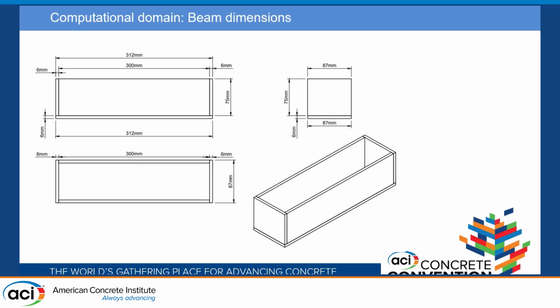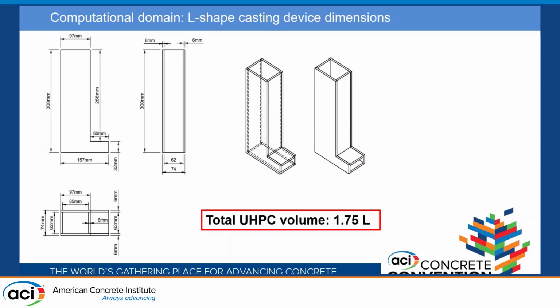For the first simulation we did, this is the experimental setup. We use a small beam, 300 millimeters in length with a 75 millimeter transversal section. We use an L-shape casting device that holds 1.75 liters of mixture.